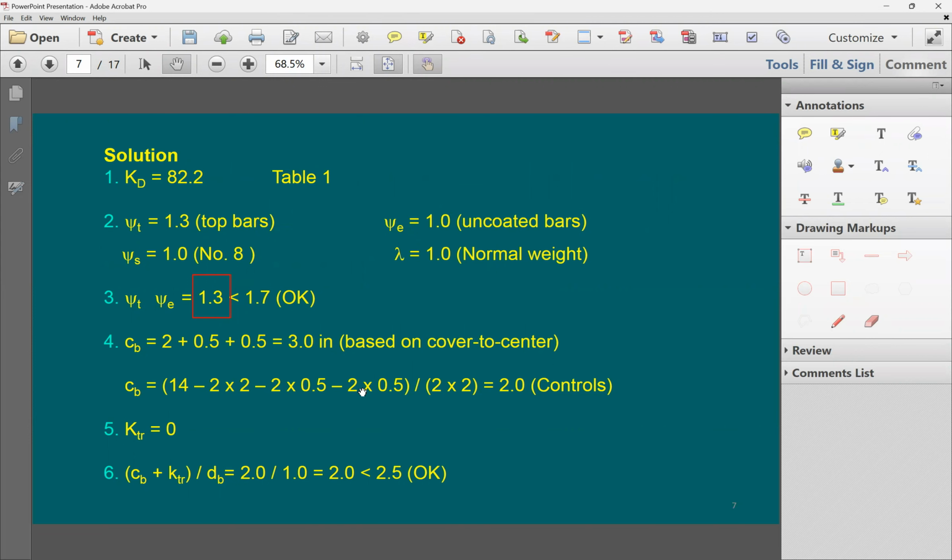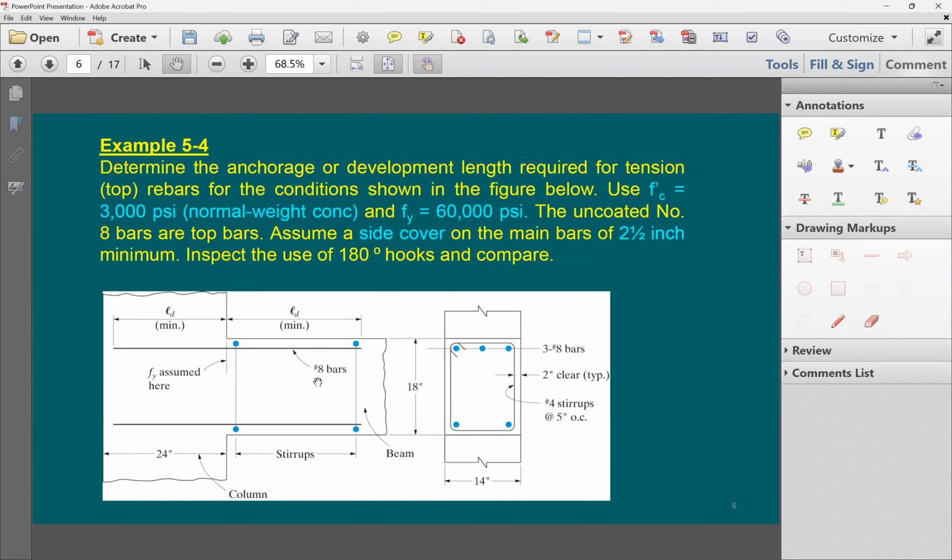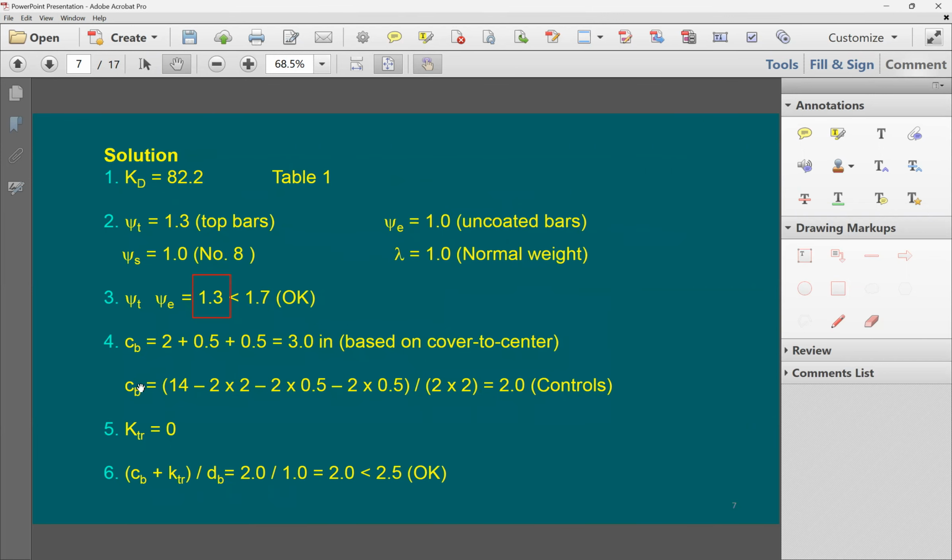The Cb, when you look here about the center to center of this rebar, which means the distance from here to here, this is going to be simple. You do the math for it. And you'll find out that the Cb from rebar to rebar is going to be equal to 2 inches, which is going to be controlling our analysis.